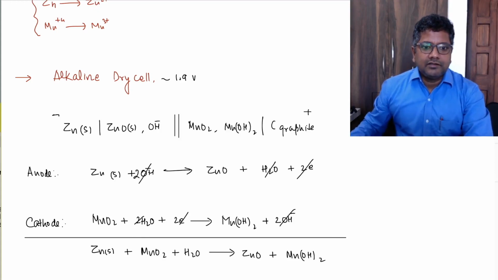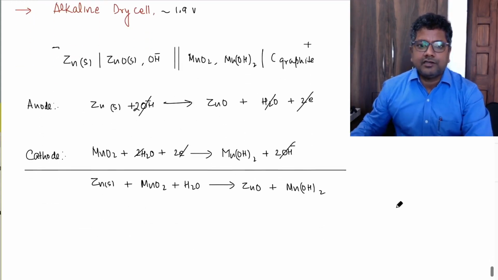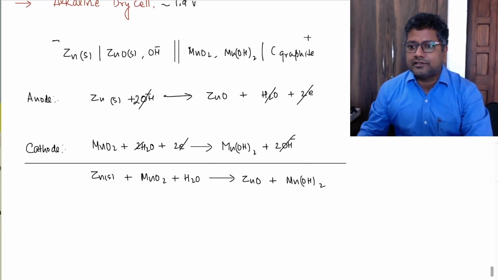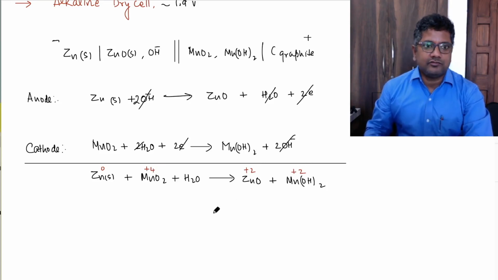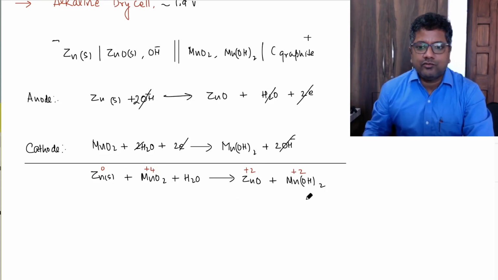Here what you can see is that zinc is oxidized from 0 to plus 2 and Mn is reduced from plus 4 to plus 2.